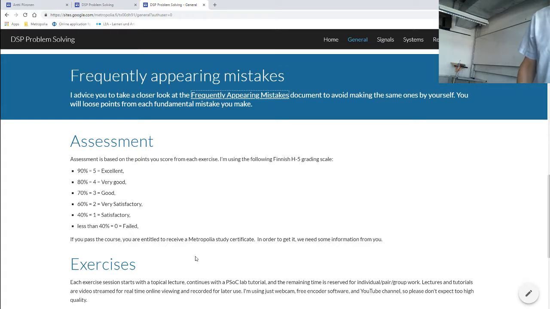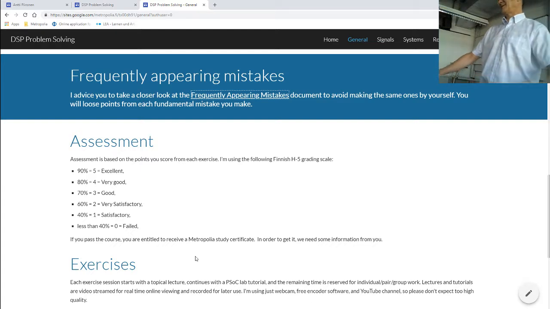Anyways, 90% means excellent, and then it goes in 10% steps until satisfactory, the still passing grade. 40% or more is satisfactory. That's still a passing grade, so it's 4 on your scale. Nobody wants them, but I don't have any hesitation of giving you a 1 if you deserve it.